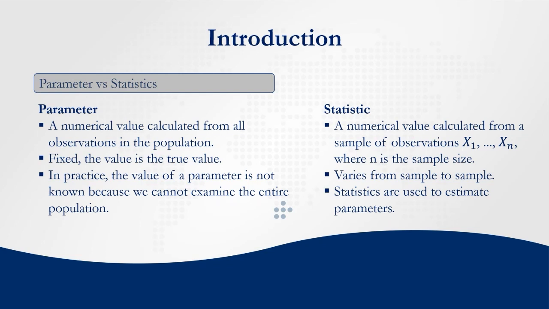Because it's calculated based on the sample observations, it will vary. If you select a sample, go back to the population and select again following the same principles, you're not going to get an identical sample, such that the average calculated for different samples will differ because the samples are different.